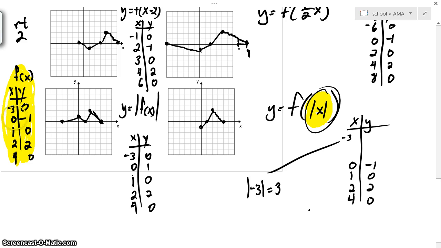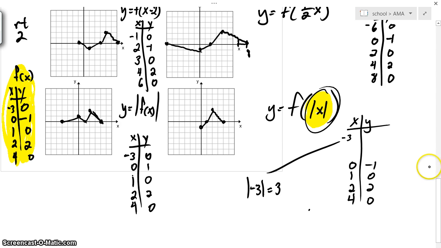So really what we're seeing is 0, 1, 2, and 4. When we take the absolute value of them, we're back at 0, 1, 2, and 4. We would just arrive with the same y values. We plotted that out. In other words, the graph of the original function is going to be identical as long as you have non-negative x values.